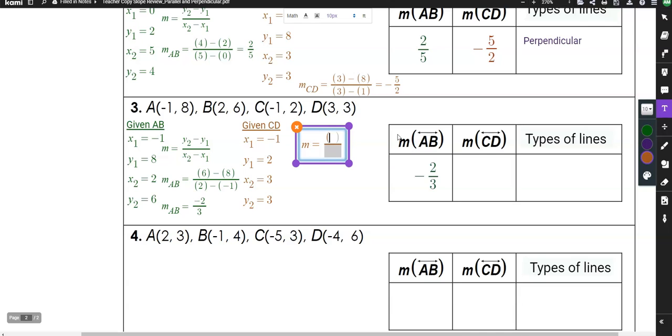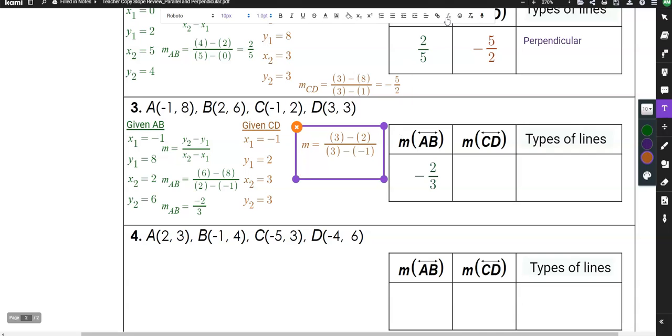So we have our y2, which is 3, minus our y1, which is 2. And then we have our x2, which is 3, and our x1, which is negative 1.